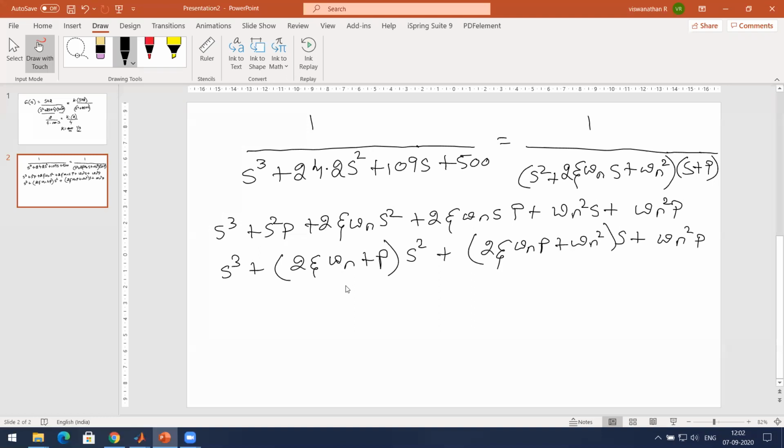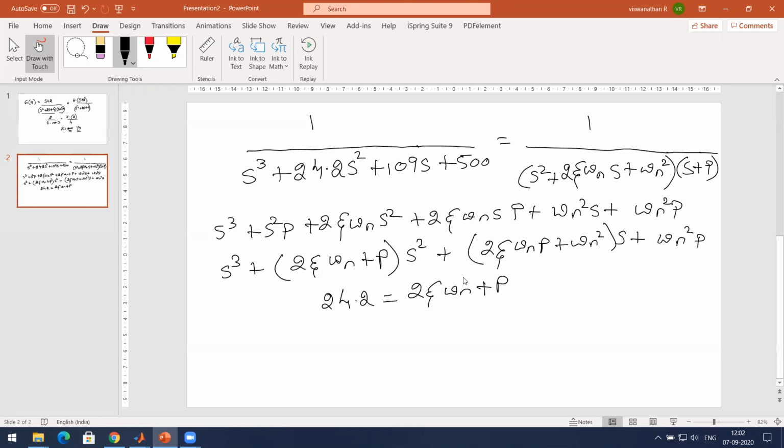So equating this side and this side, what do you get? This is 24.2 s square and this is (2 zeta omega n plus p) s square. So 24.2 is equal to 2 zeta omega n plus p.